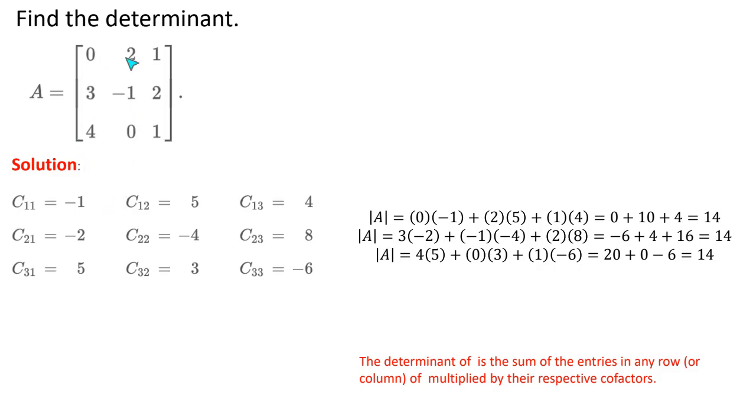And then the second number for that row is 2 times the second cofactor of 5, so 2 times 5. And then the third one is 1 times its cofactor of 4. If we add these, we get 0 times -1 is 0, plus 10 plus 4 is 14. And it doesn't matter which row you pick, you're going to end up with the same answer. So the determinant here would be 14.